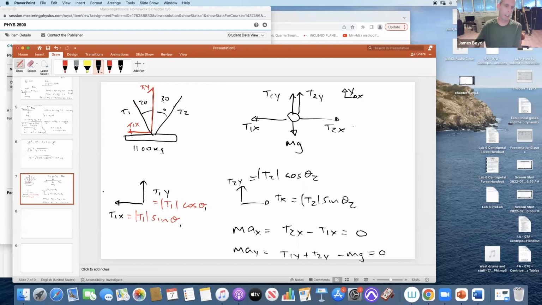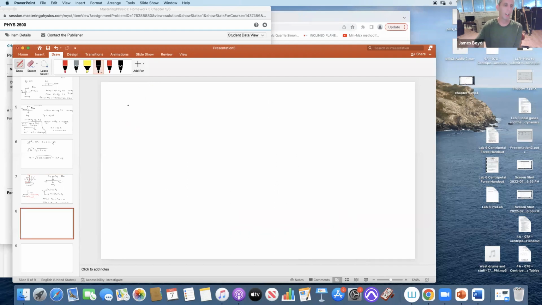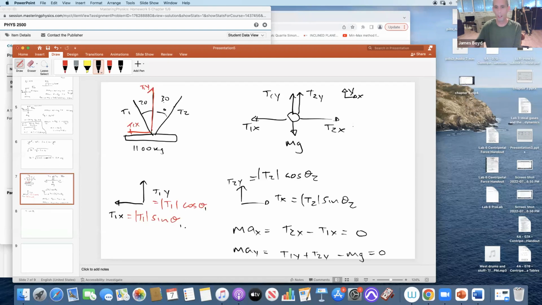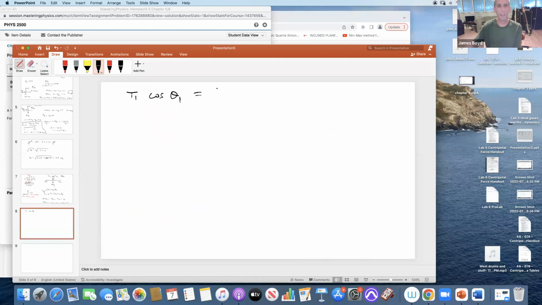So let's go to a new page, and I'm just going to use this part of it. So I have the T1 cosine of angle 1, move this over, is equal to T2 cosine of angle 2. And angle 1 and angle 2 were 20 and 30.